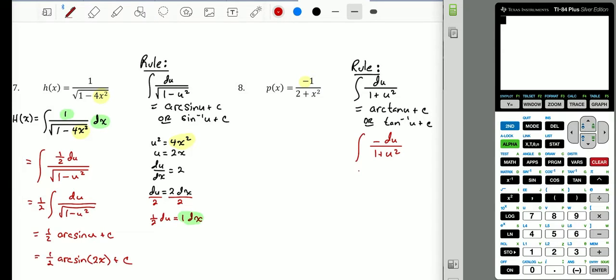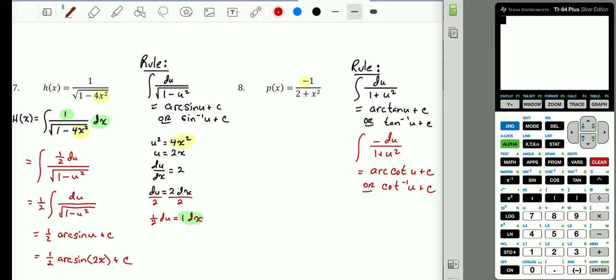And so that would give us arc cotangent of u plus c, or inverse cotangent of u plus c. All right, so we can go that route too because of the presence of the negative. But I had mentioned previously that the most important are the three, the sine, secant, and tangent, because those are the non-cofunctions. The cofunctions are just based off of the functions themselves.